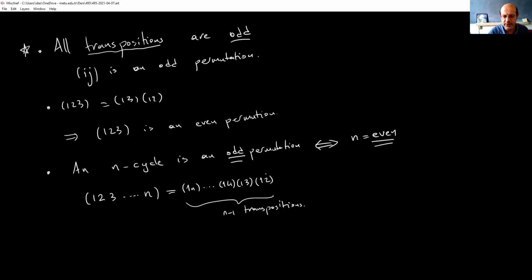It's not n, it's just 1 less because I'm using 1 in each of these expressions. So if I use a transposition, then 1 together with some other label, the other labels are n minus 1 in number, right? You can understand it like that. So this is the general rule in here.